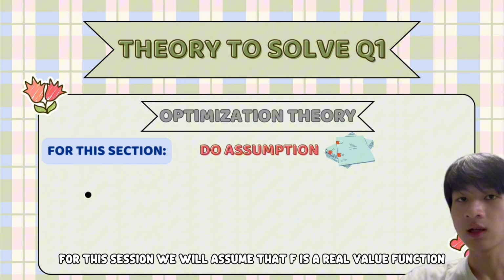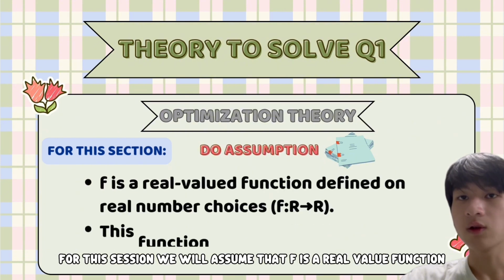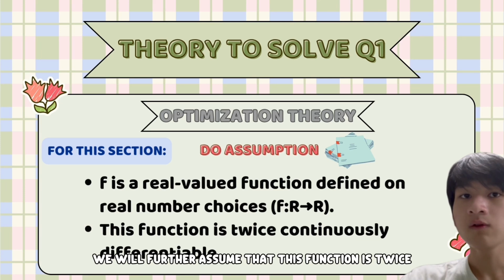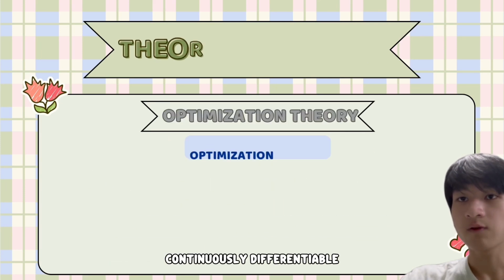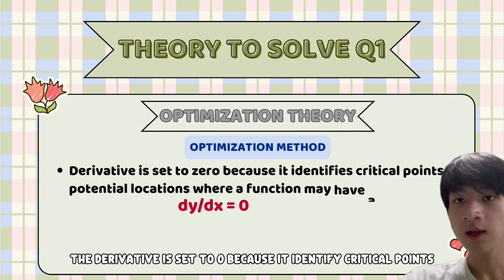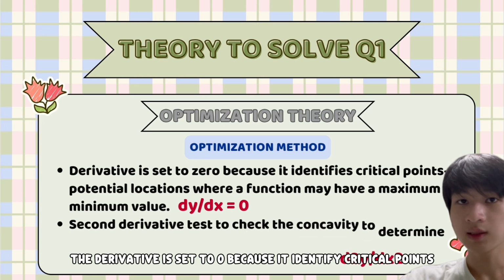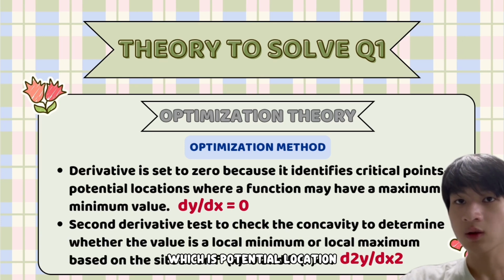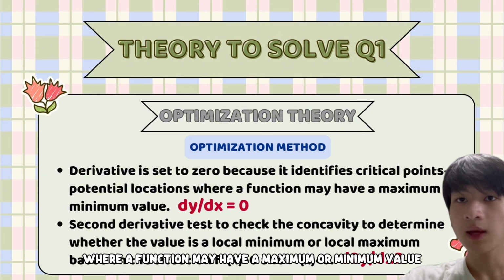For this session, we will assume that f is a real-valued function defined on real number choices. We will further assume that this function is twice continuously differentiable. And also, for the optimization problem in calculus, the derivative is set to 0 because it identifies critical points, which are potential locations where a function may have a maximum or minimum value.